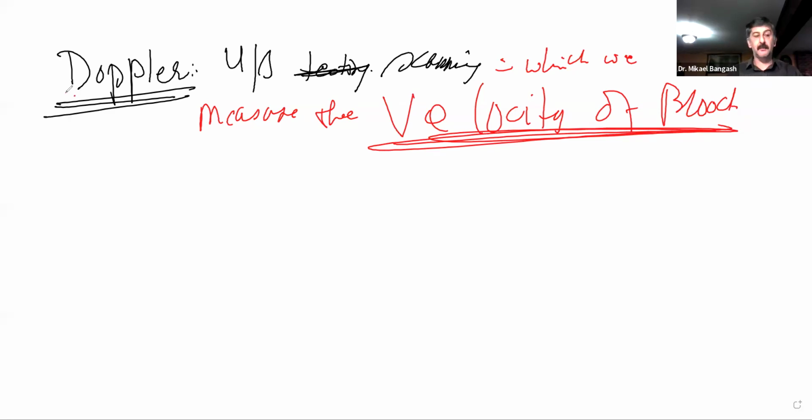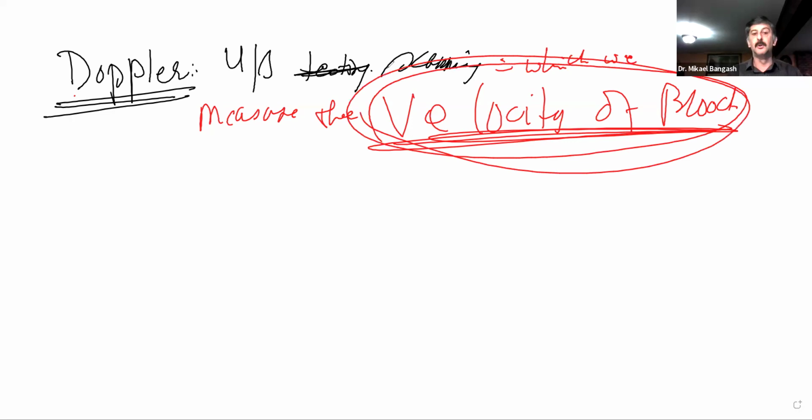Well, you do create an image, but within that image, what the Doppler is mainly used for, in 99% of the instances, is to measure the velocity of blood. Is that clear? Yeah. Okay.